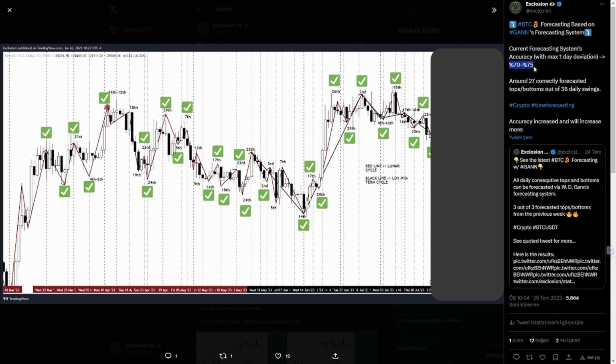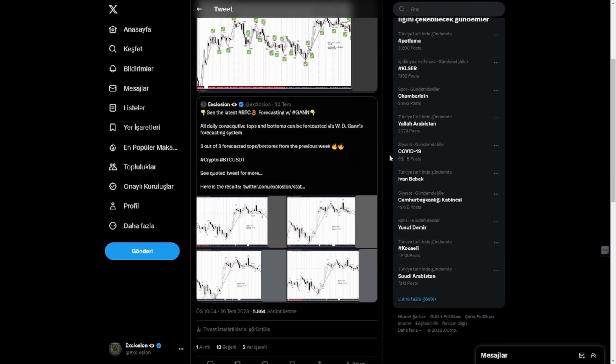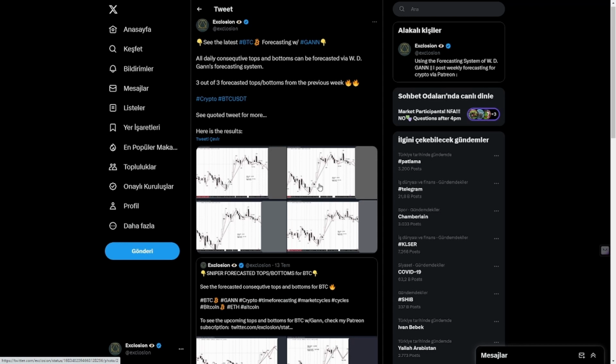The accuracy is between 70 to 75%. Imagine how much money you can make using daily tops and daily bottoms with the basic trading strategy. Actually, think about it.